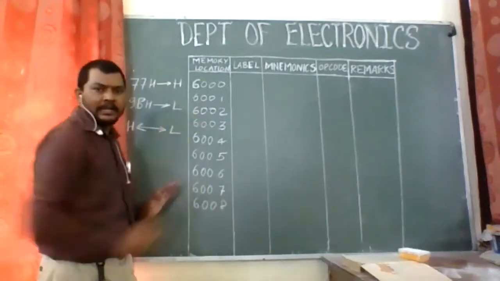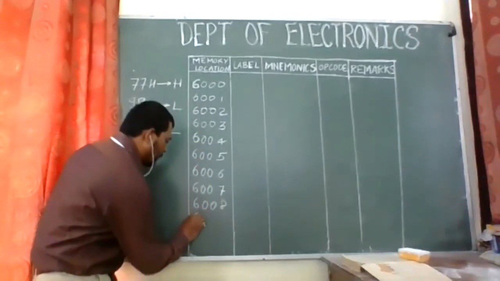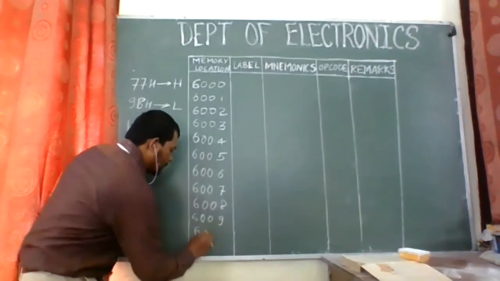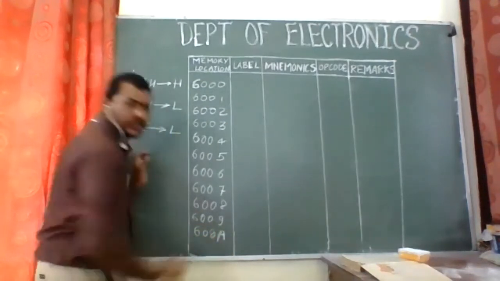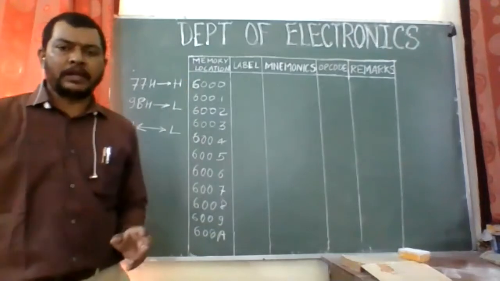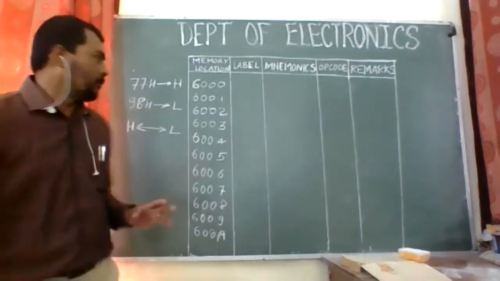Whatever we require, we will end the program there. Then 6008, and then 6009. Right, these are the memory locations where we expect to write the program.